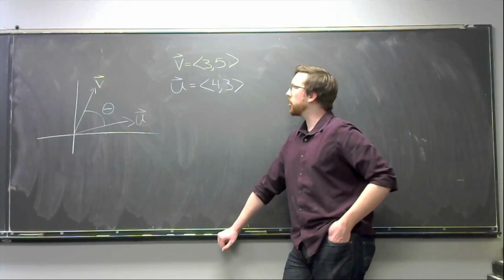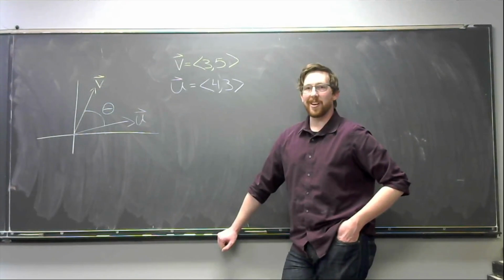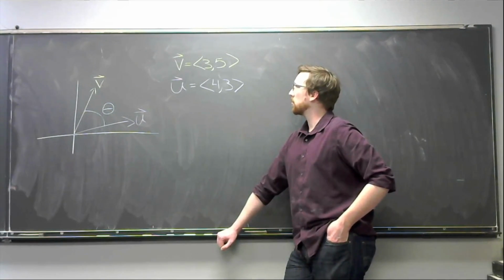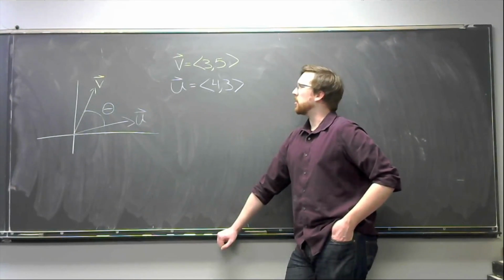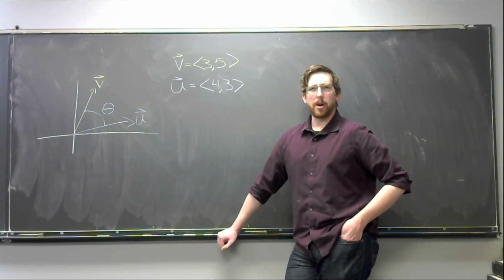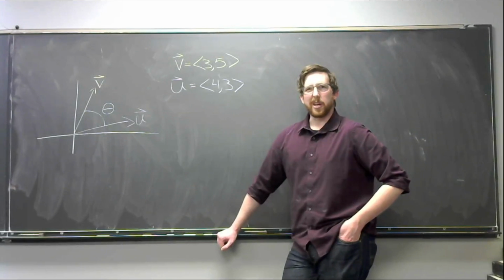All right. So for this next problem, I want you to find theta. How are you going to find theta? There's got to be a way if I'm going to ask you to do that, right? But it's not obvious right now, is it?